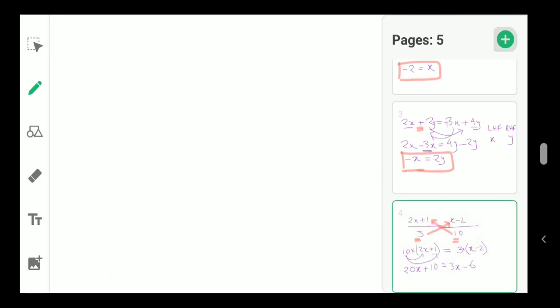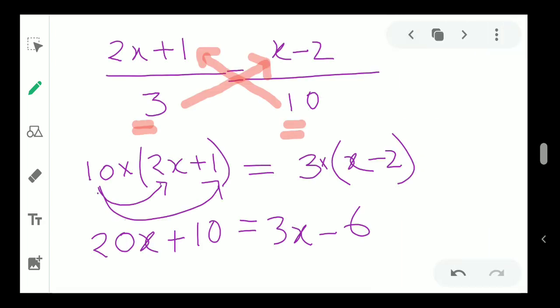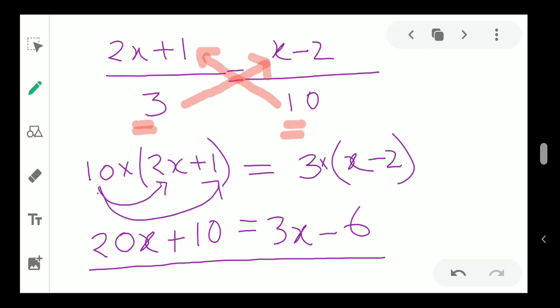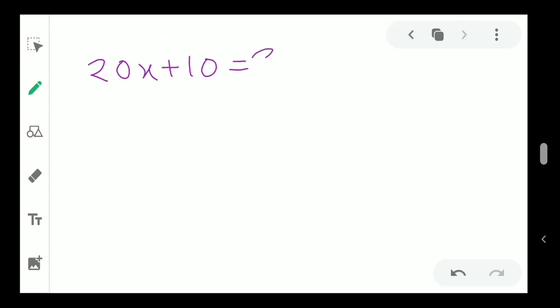Now moving to the next page, see what we are getting: 20x plus 10 is equal to 3x minus 6.